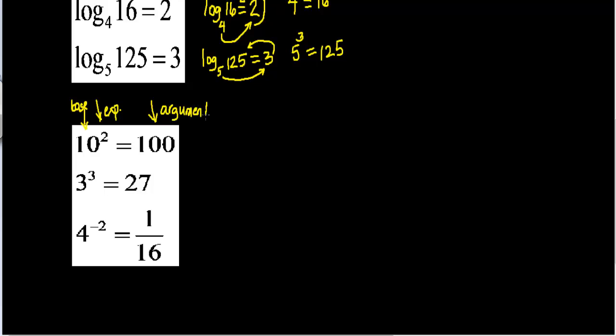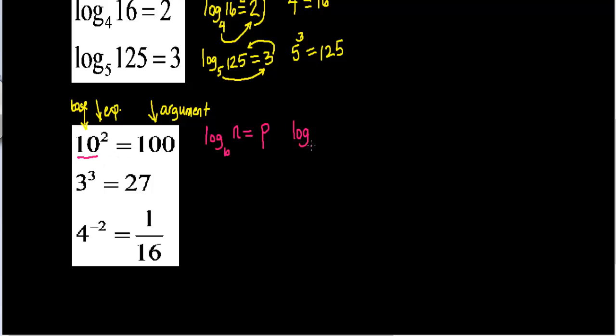Now we saw that we have log base b of n is equal to p. Okay, so let's fill these in. I have the log. What's my base? My base is 10.